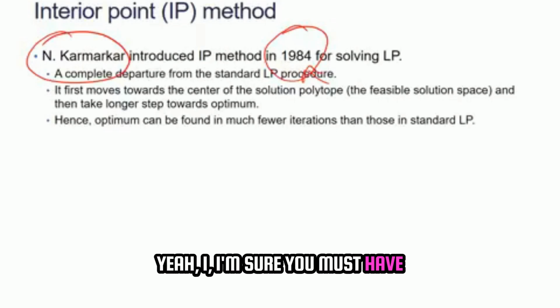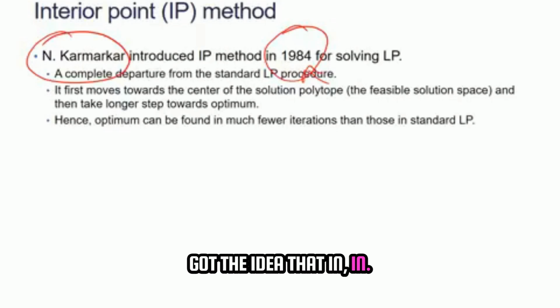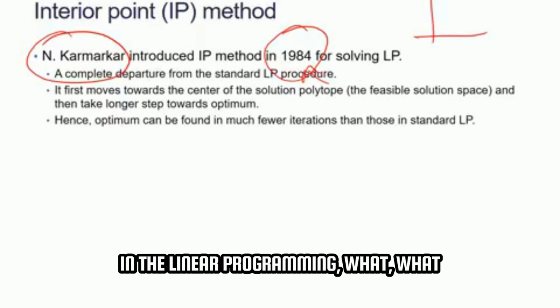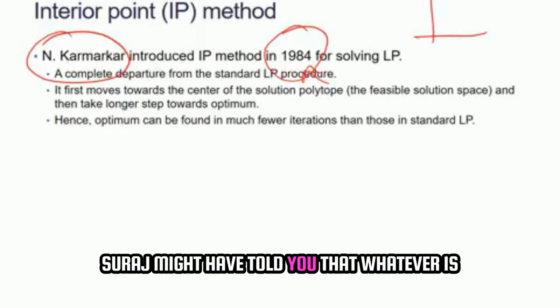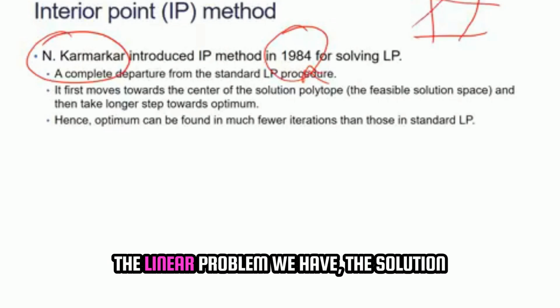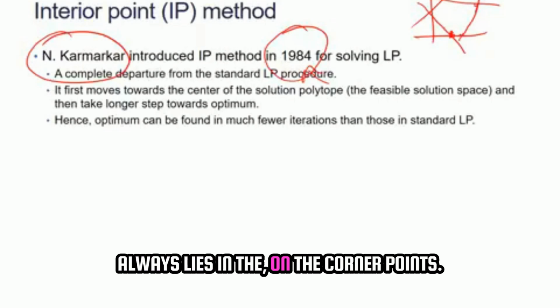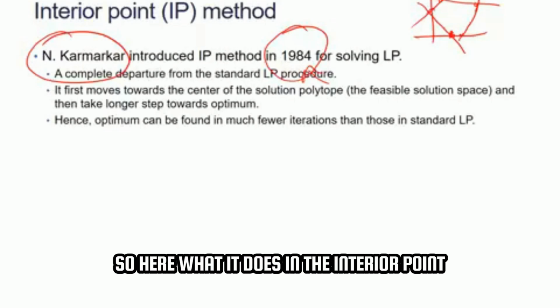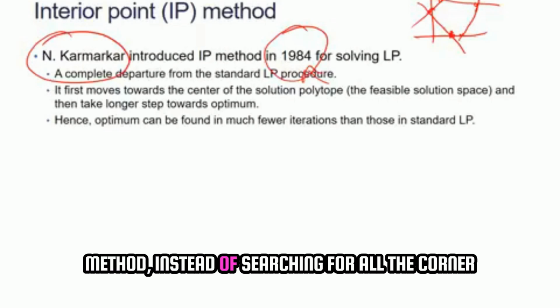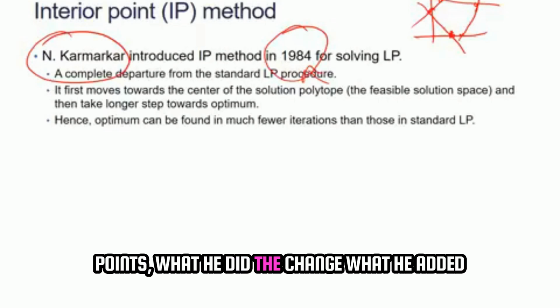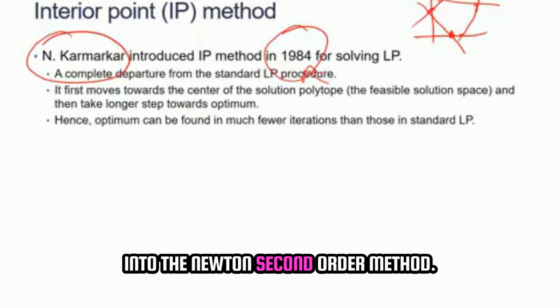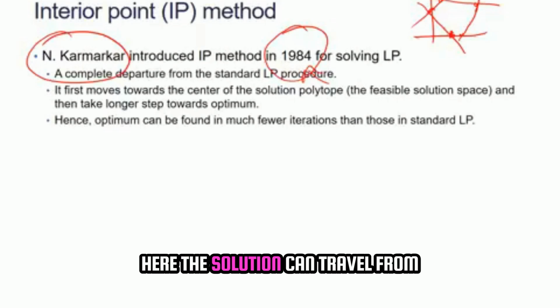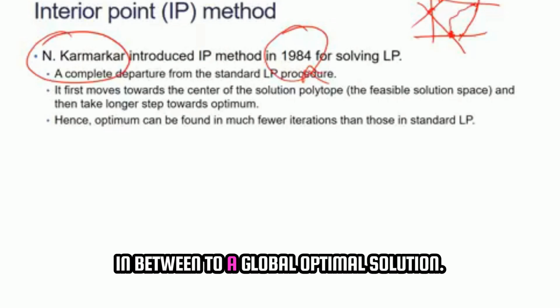I'm sure you must have got the idea that in linear programming, as Suraj might have told you, whatever linear problem we have, the solution always lies on the corner points. So here, in the interior point method, instead of searching all the corner points, the change he added to the Newton second order method lets the solution travel through the interior to a global optimal solution.